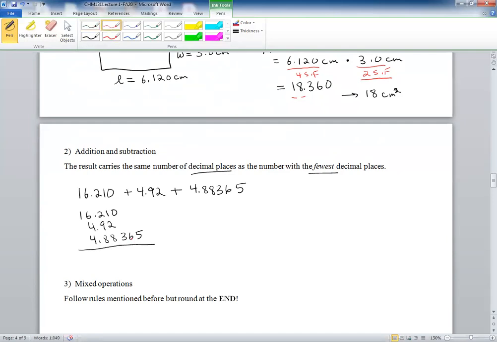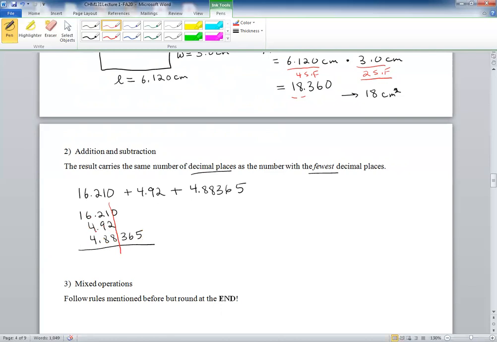So what you do is you draw a line with the least number of decimal places. This one has the least number of decimal places, the 4.92. So then a line should be drawn right there.